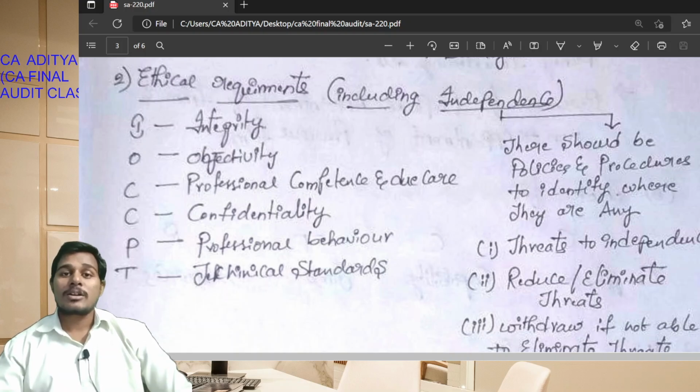If the CA firm or engagement partner has identified threats, then they shall try to reduce or eliminate them. If unable to do so, then withdraw from the engagement.